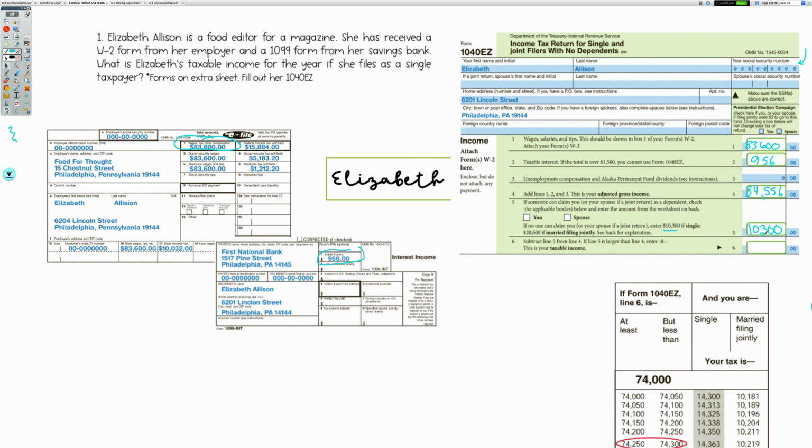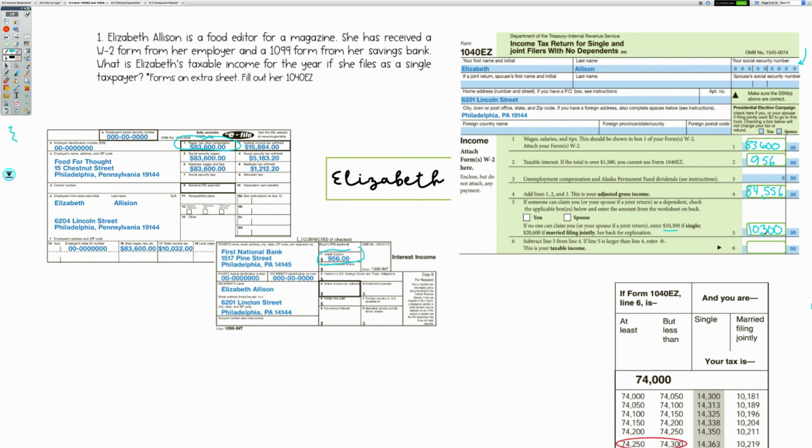We're going to end up subtracting it, that's what the next line says. Since Elizabeth is single, you get to deduct 10,300 from her taxable income. Remember, taxes are a percentage of your income, so it's good that she's getting this deduction. What she's getting taxed on is a little less than her gross.